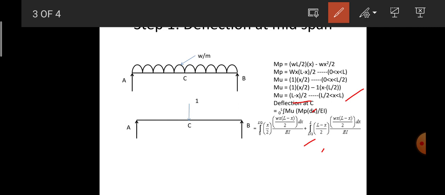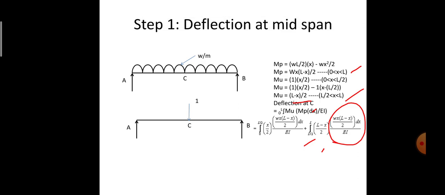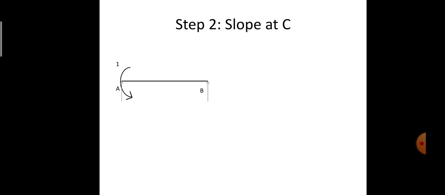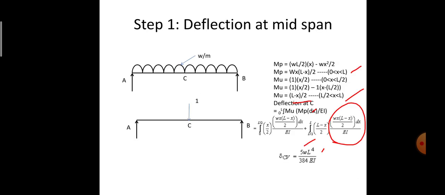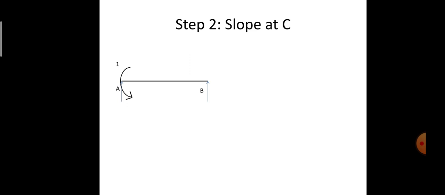This value of mu will be multiplied with the MP which I have got over here. After simplifying, I'll get the value of deflection as 5 W L power 4 divided by 384 EI. This is the value of deflection exactly at the midpoint.